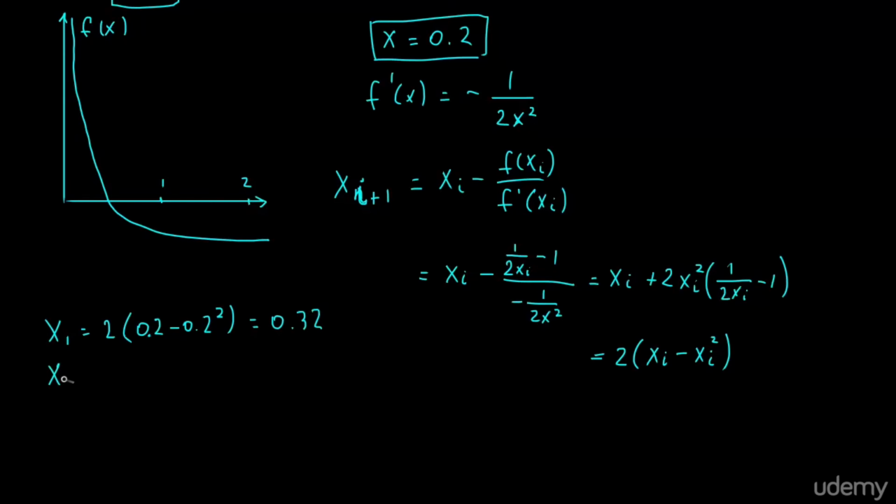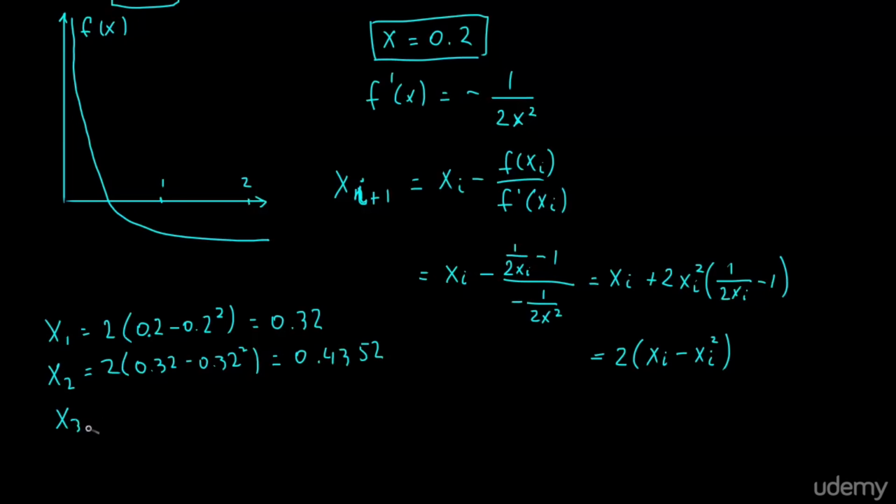Now our subsequent guess, x2, is going to be 2 times this guess, 0.32, minus 0.32 squared, which is equal to 0.4352.